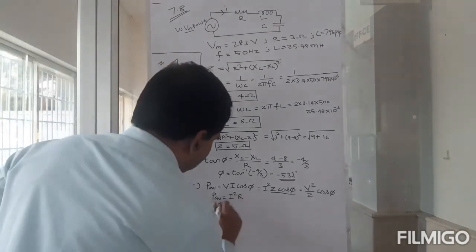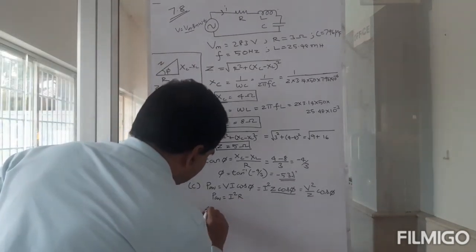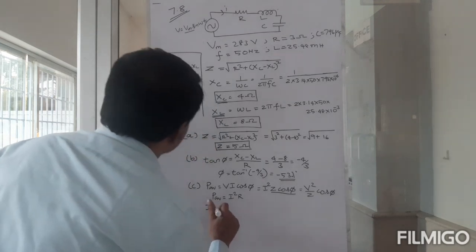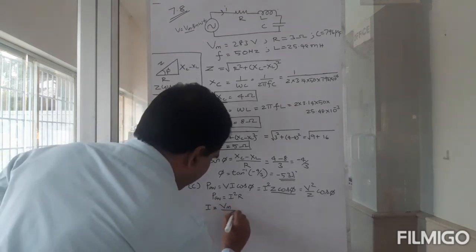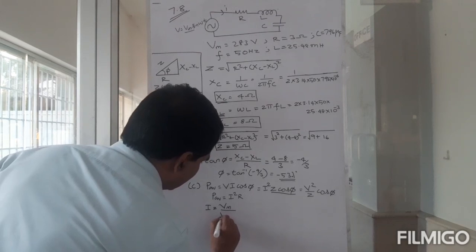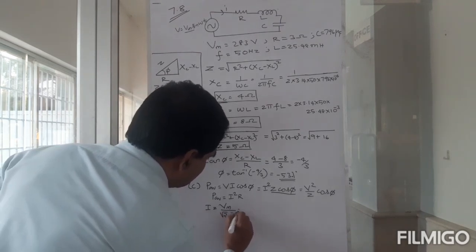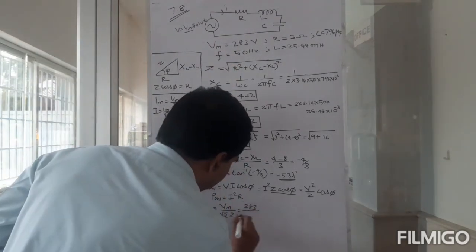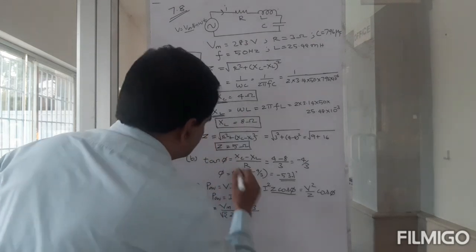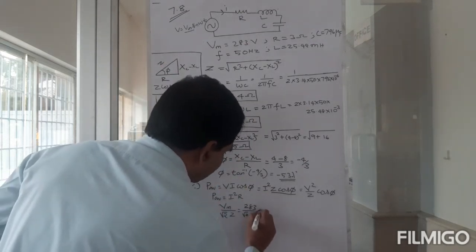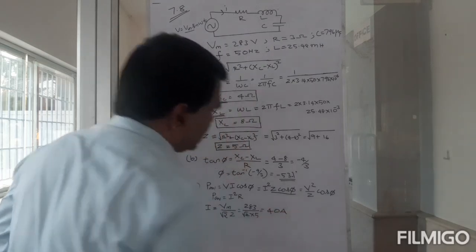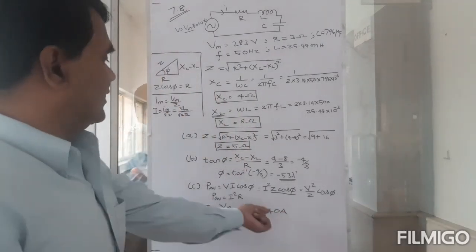So I is equal to Vm by root 2 into Z. Vm is given as 283. So 283 by root 2 into Z, which is 5, into 5. If I do all this, then I get 40 amps as per your textbook. Okay, I get 40 amps.